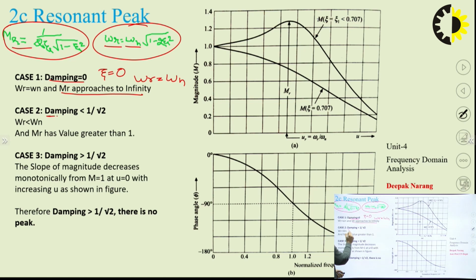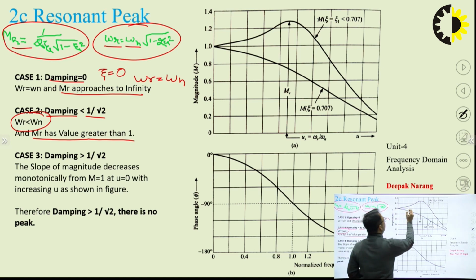Second case is if damping is less than 1 by root 2, in such case our resonant frequency will be less than natural frequency and MR has value greater than 1.